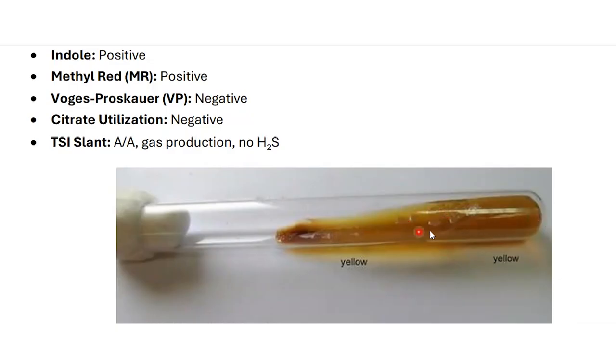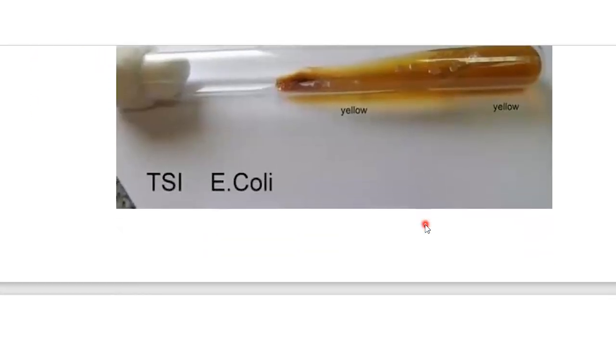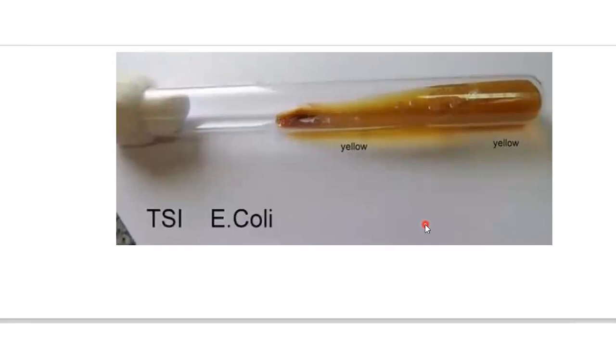Along with that, you will also see bubble formation in the test tube, so gas is also produced. But there is no H2S formation, because bacteria that produce H2S turn the color black. So this is the TSI test for E. coli.